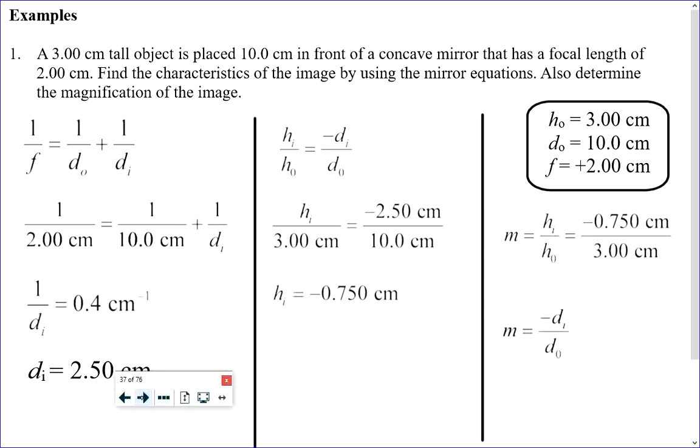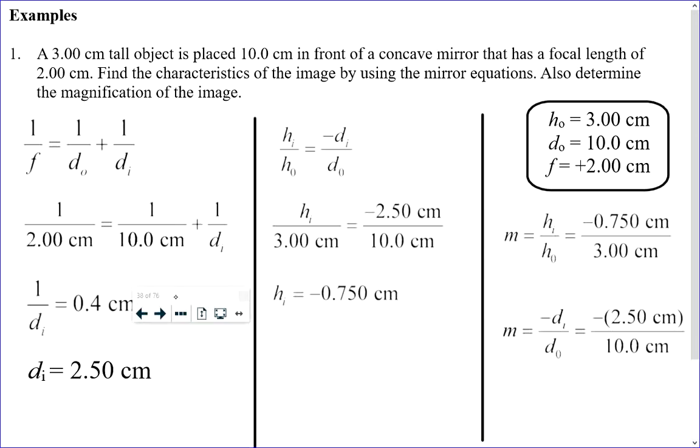Right? We could take negative di and divide that by do, in which case we would take negative 2.5 divided by 10. Feel free to run either or both of those through your calculator to convince yourself that you get that magnification. Are we okay with that example?